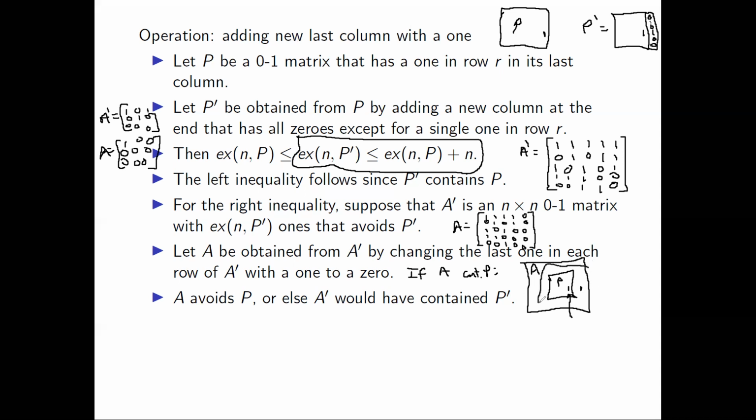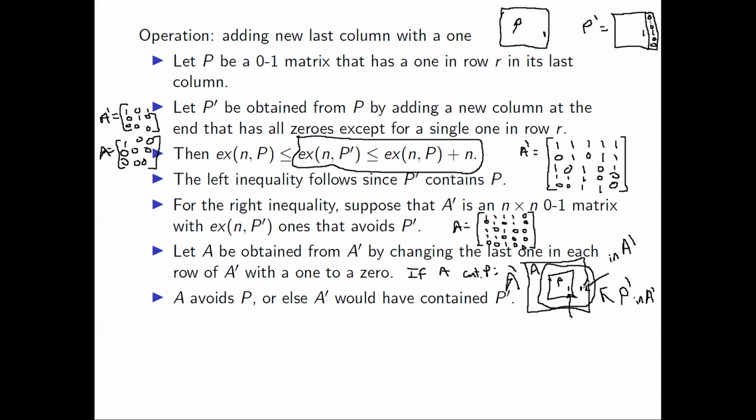And if we take the copy of P with that extra 1, that gives us a copy of P prime in A prime. So this 1 right here is in A prime, so not necessarily in A. That is possibly the one that we removed from A prime to get A for that row.